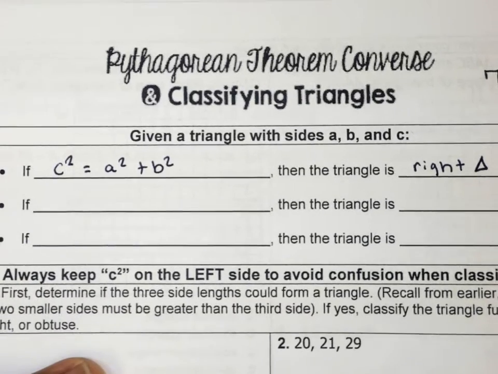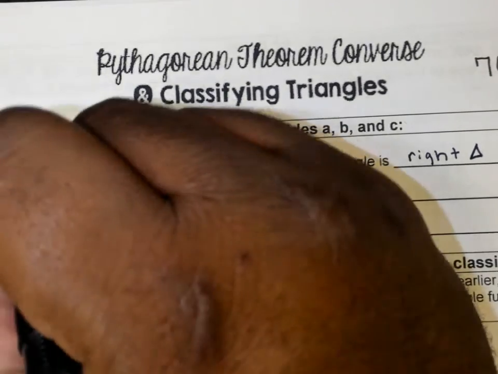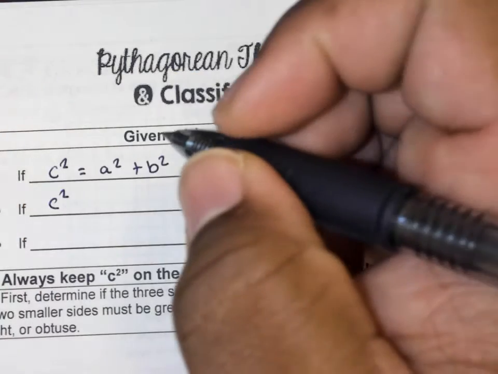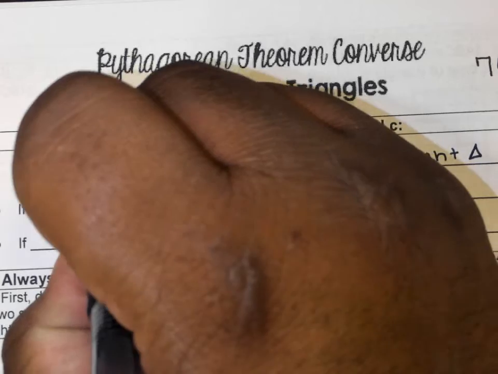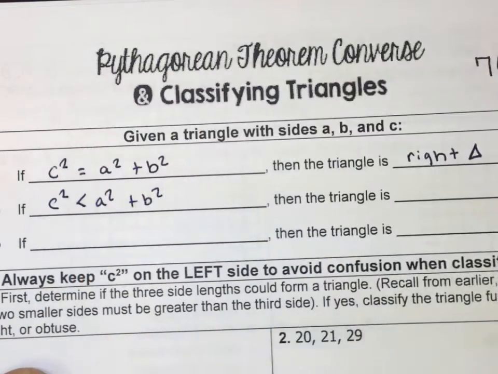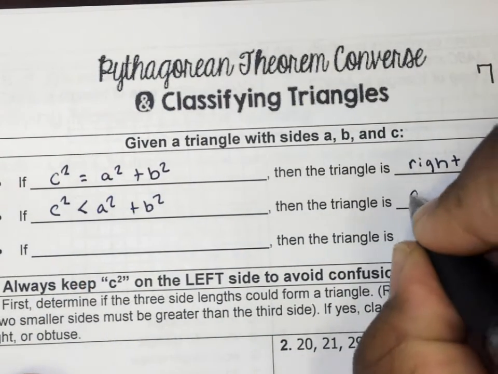So, the way to look for the other two: if your c squared is less than a squared plus b squared, then your triangle is going to be an acute triangle.